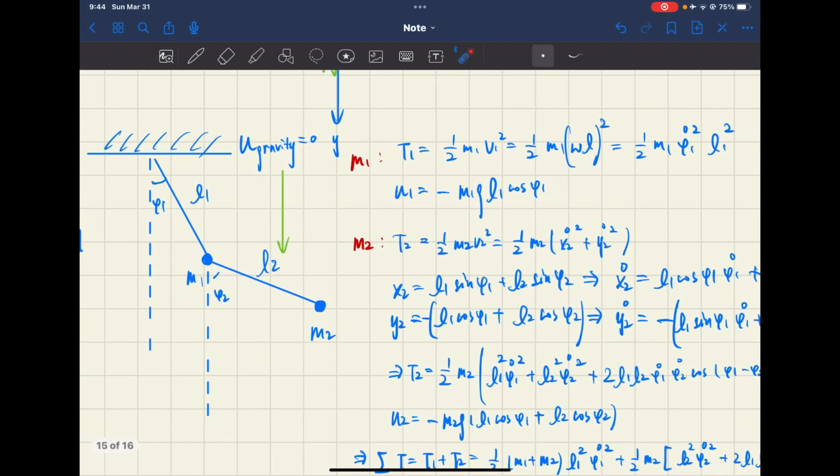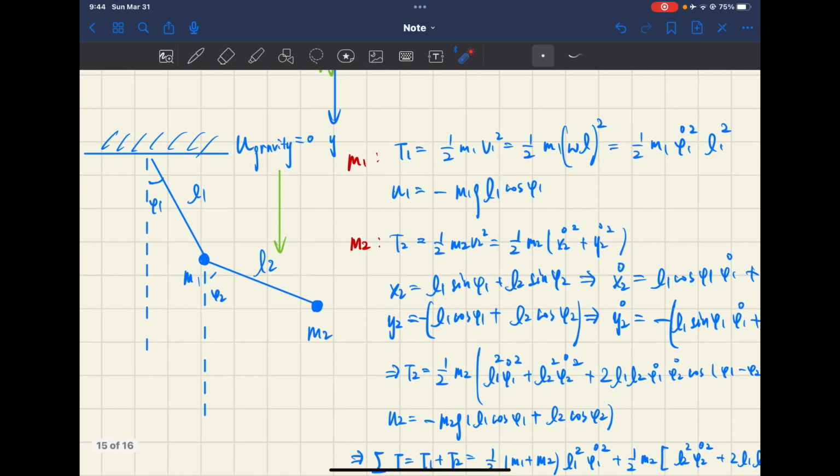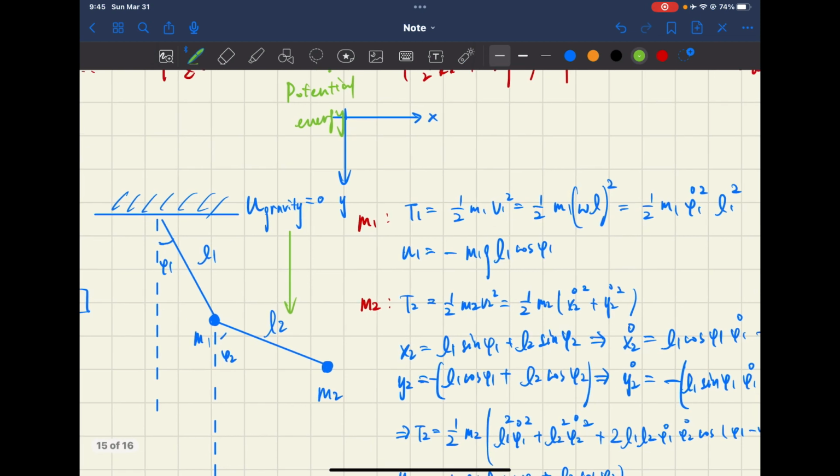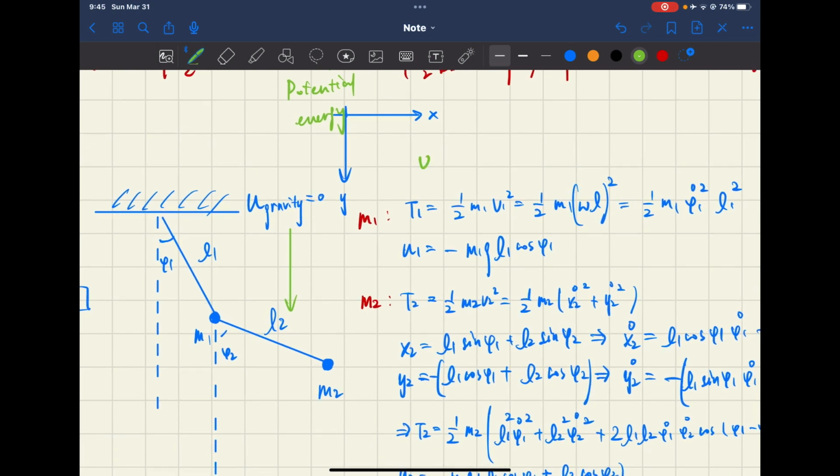because it swings. So actually for the first ball, we don't need to work out its coordinates in order to get its velocity, because for a circular motion, we have the formula: velocity equals angular velocity times r. In this case, the r is of course its length L1.